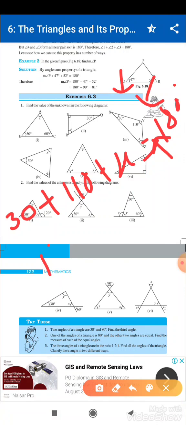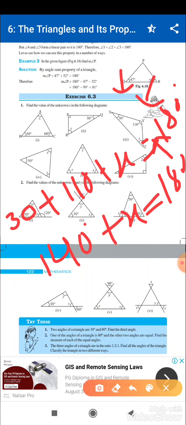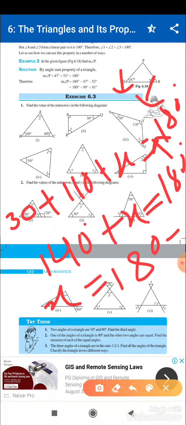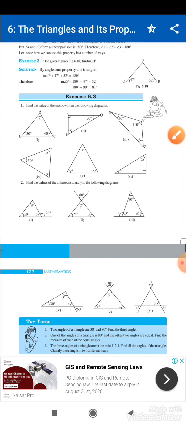So we have 140 degree in the left side, 140 plus x in the left side, and 180 degree in the right side. Now shift 140 degree from the left side to the right side, and we have x is equal to 180 minus 140 degree, and our final answer is 40 degree. In this way you can solve rest of the part of this question.